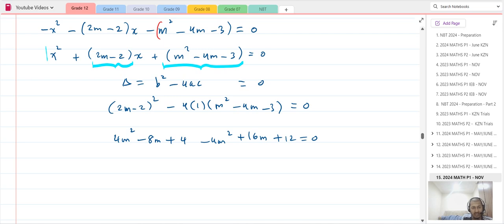Now we can cancel out the 4m squared. We have minus 8m plus 16, so we have 8m. Right, so that is equal to, take 4 plus minus 16, so the value of m is equal to negative 2. Right, so I hope you guys understood that, and that's what we said initially.